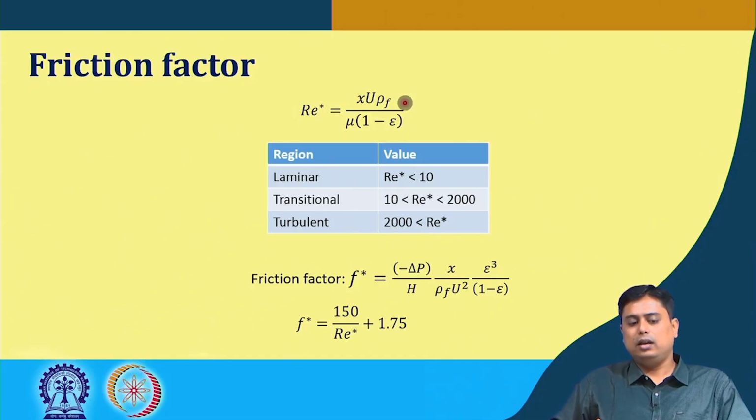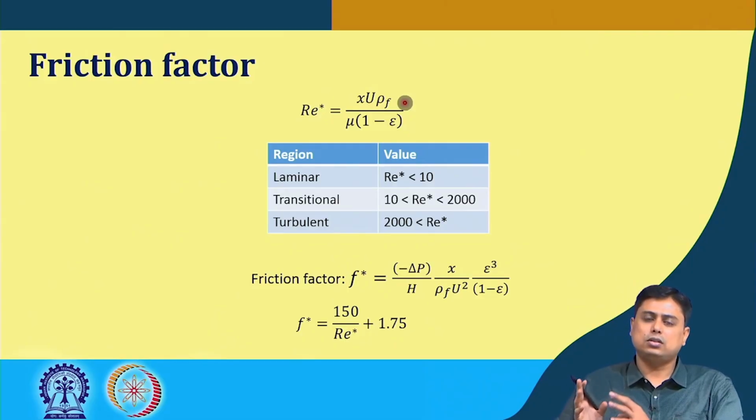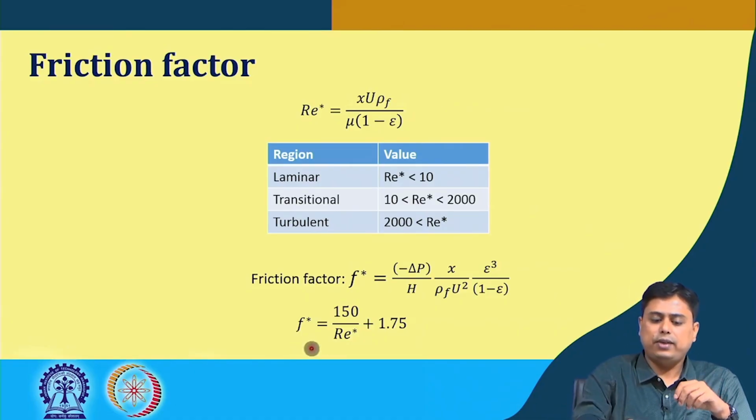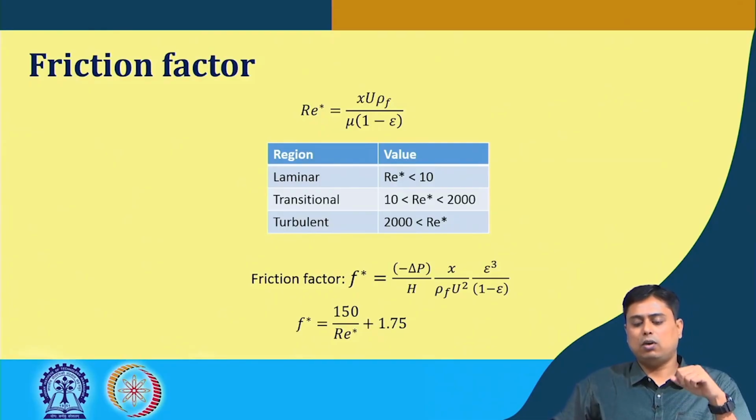So, accordingly, this friction factor value also changes, because now you can understand this Ergun equation had two parts. One is the viscous force term, the other is the inertia force term. The viscous force term becomes dominant in case of laminar flow, inertia becomes dominant in case of turbulent flow. So, in the laminar case, the friction factor would be mostly contributed by this 150 by Re.